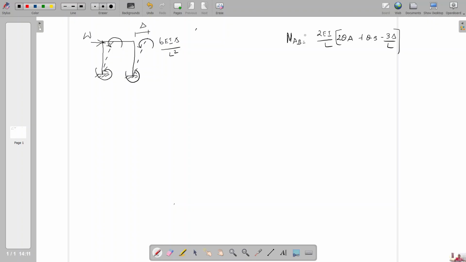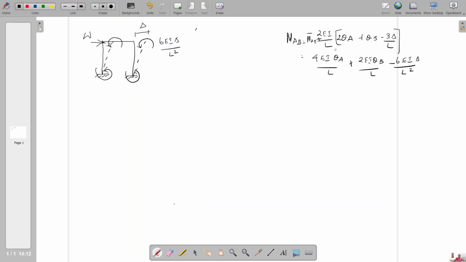For the member MAB, the fixed end moment M bar AB plus this term will come. If you multiply inside each component, we will get 4EI theta A by L plus 2EI theta B by L minus 6EI delta by L square. So each of the components represents the moment values.